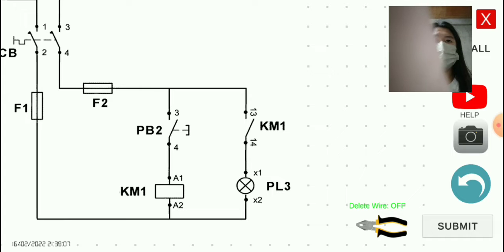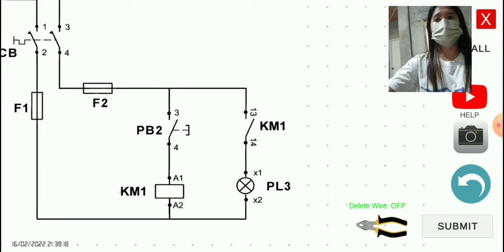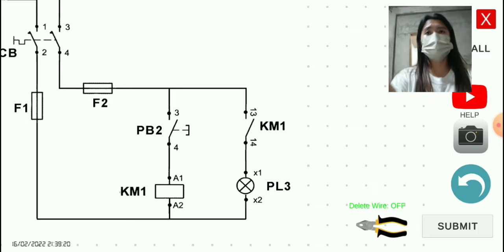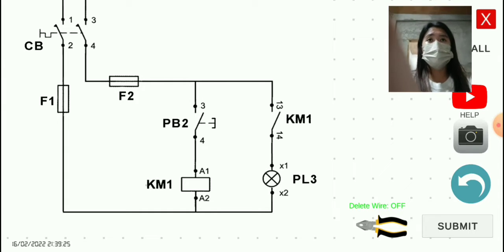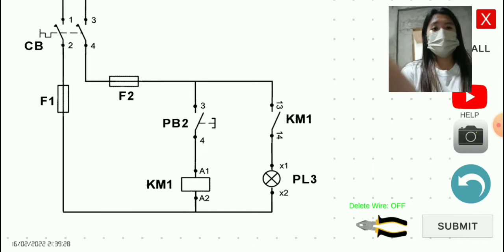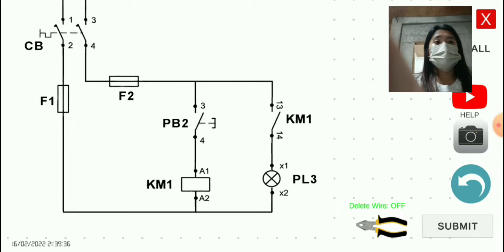The current will now be able to flow through this second line, and this PL3 will turn on. To make it short, press this PB2, and the KM1 coil A1 and A2 will energize, the KM1 13 and 14 will close because there is current flowing, and the PL3 will turn on.